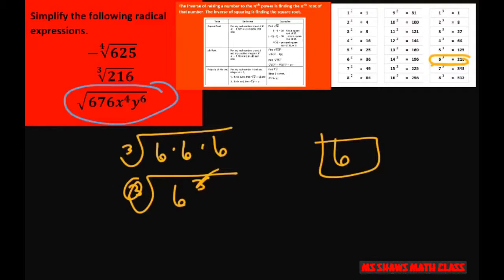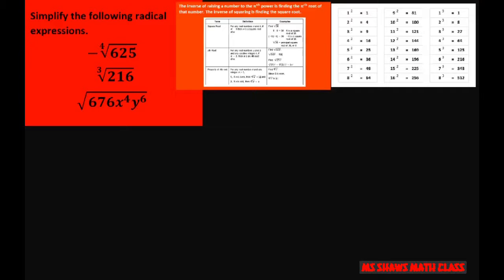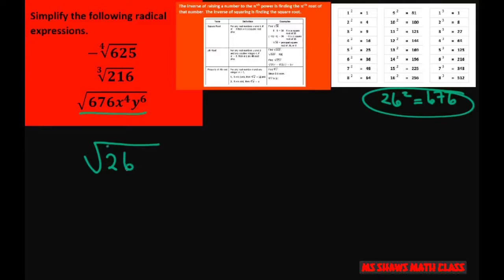Now this one, we need to know that 26 squared is 676. Kind of need to know that one. So I'm going to break this up. I'm going to get the square root of 26 squared times the square root of, I'm going to make these squares too, x squared times x squared.